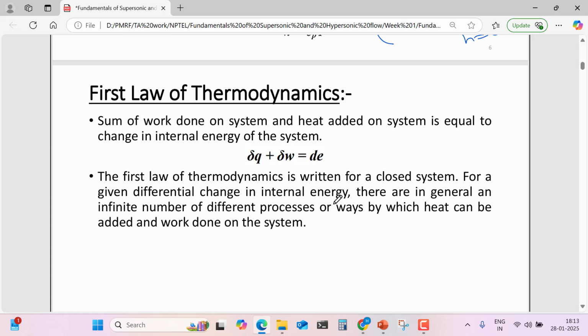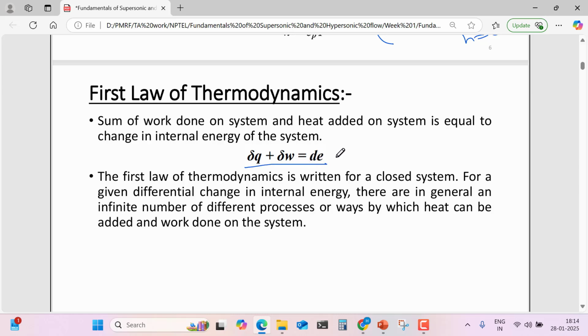So first is the first law of thermodynamics. According to the first law of thermodynamics, the sum of the work done on the system and heat added to the system is equal to the change in internal energy of the system. It is represented by this equation: del Q plus del W equal to dE.